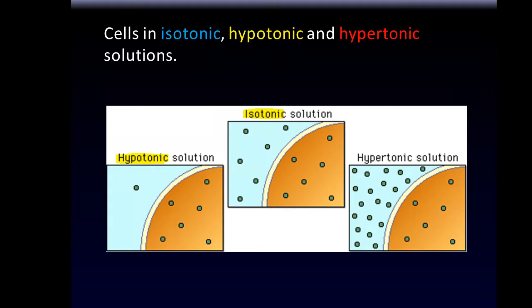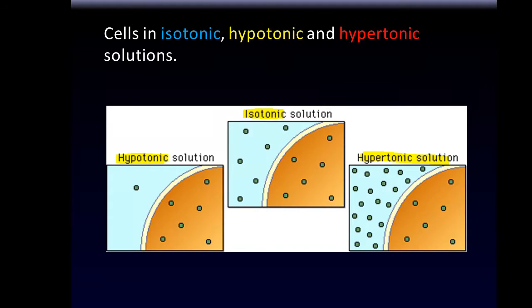And a cell bathing in a hypertonic solution means there are more solutes on the outside than on the inside. Basically three scenarios, right? These are terms that are very important to understand.